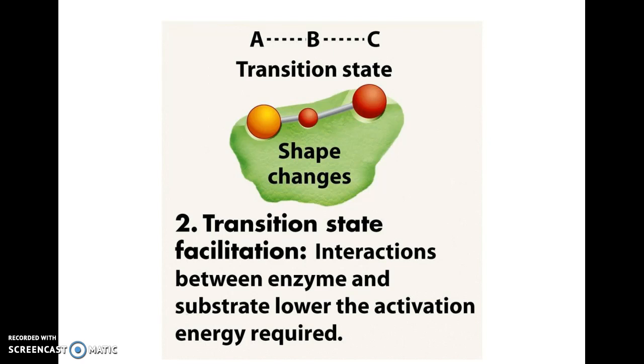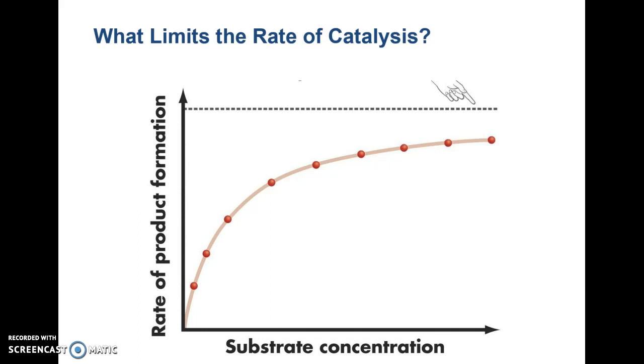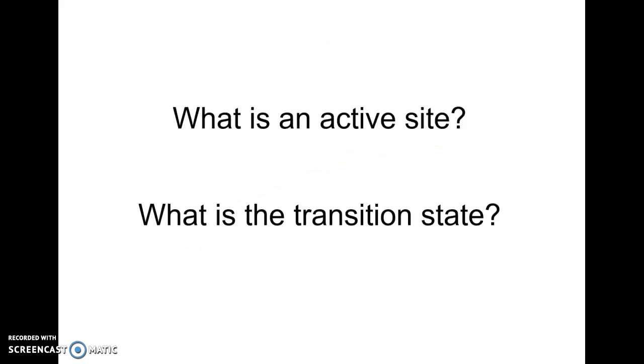So the enzyme substrate complex will undergo a conformational change, changing the shape of the substrate and putting it in a conformation that more closely resembles the transition state. And then the termination of the reaction is when the products leave the active site. So what limits the rate of catalysis is how many active sites you have available for binding.